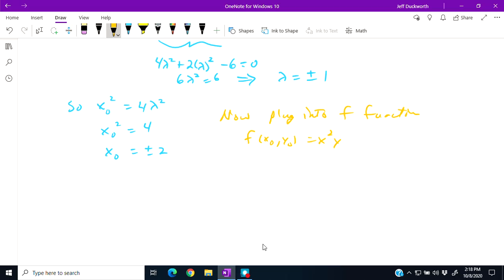Well, it's x squared y, so whether we use 2 or negative 2 doesn't matter. If we take f at plus or minus 2 and then a negative 1, that's going to give us negative 4. And if we take a positive 1, that's going to give us 4. That means that negative 4 is the minimum, and 4 is the maximum. And we've solved this optimization problem.